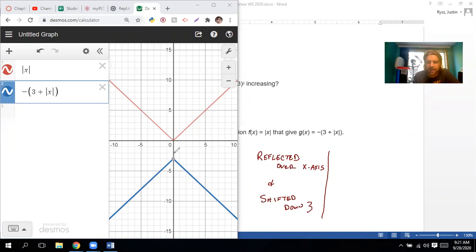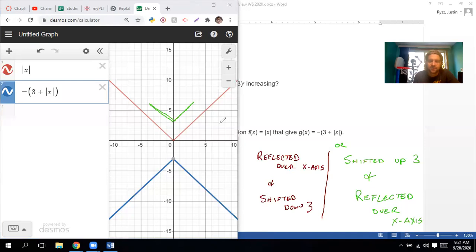The other thing that could happen here, and this is one you'd have to think a little bit outside the box, we could say it's shifted up 3. So we're imagining this is shifted up 3. So we got a V shape here. And then this whole thing is reflected over the x-axis. And all that kind of determines, and you'll get both answers, because we could have rewritten the expression reflected over the x-axis.